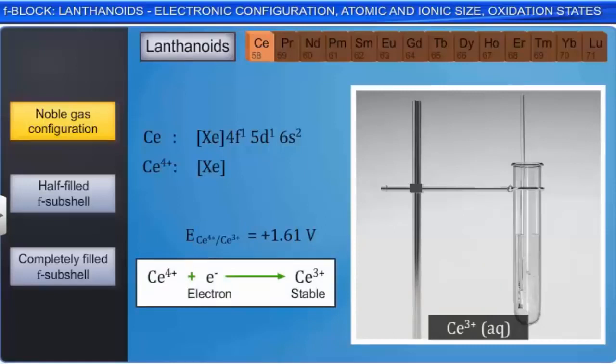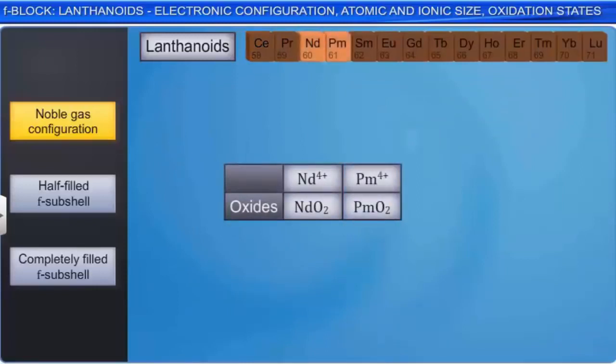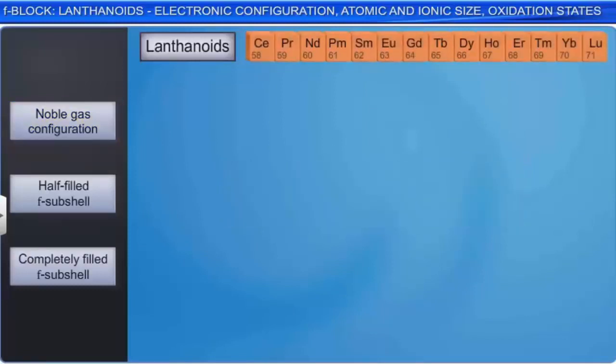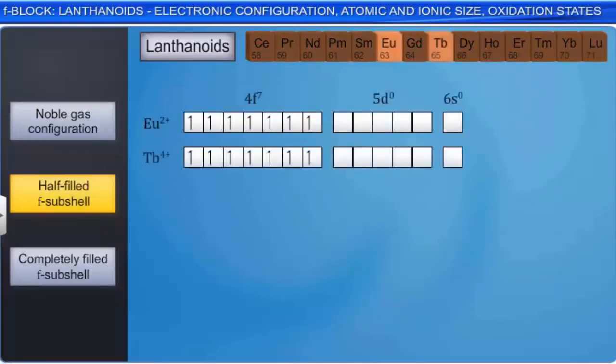The best examples of the second case are europium 2+ and terbium 4+. However, europium 2+, being a strong reducing agent, changes to +3 oxidation state. Samarium, like europium, also exhibits both +2 and +3 oxidation states.